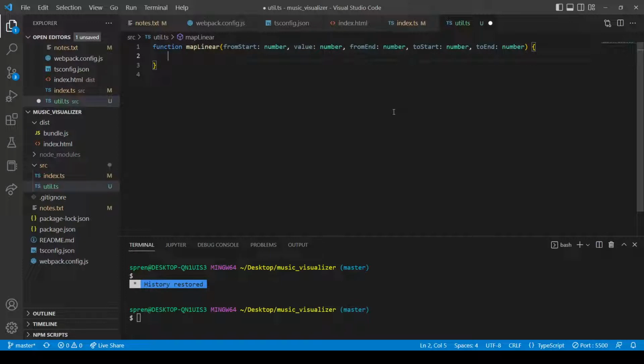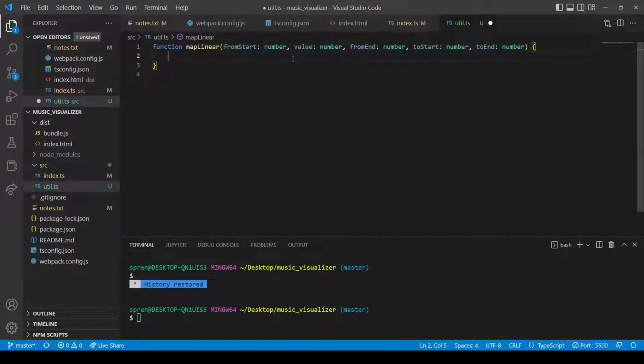So I'm trying to remember. I could rederive this, or I could try to remember how I did it before. I think what I did is I take this value, I try to convert it to a percentage. Right?